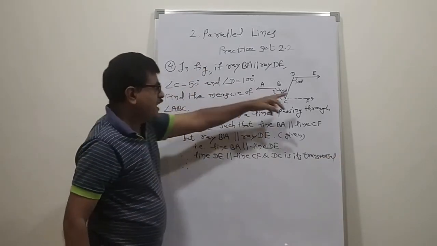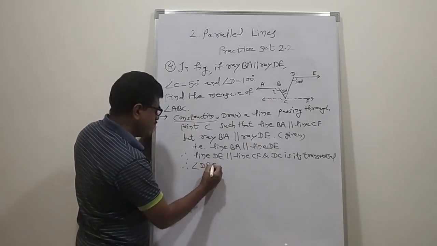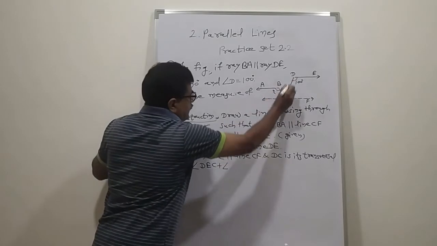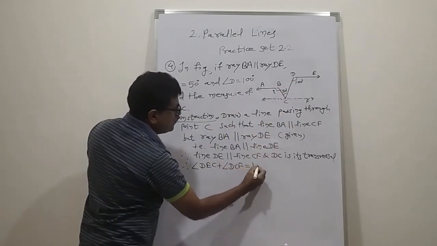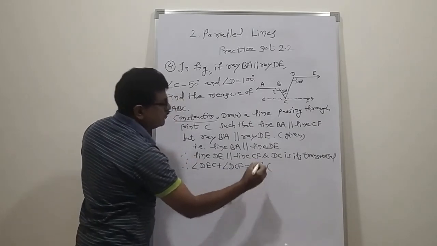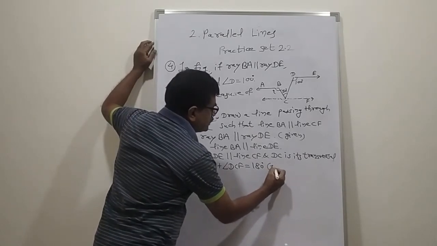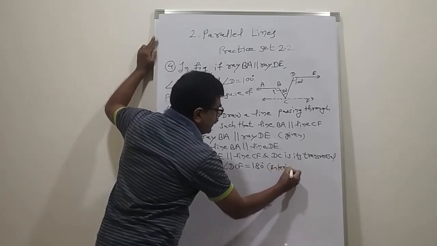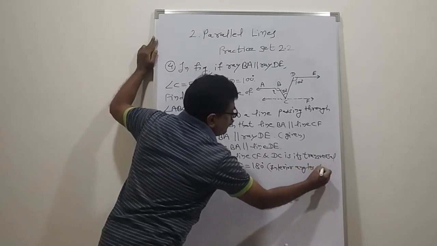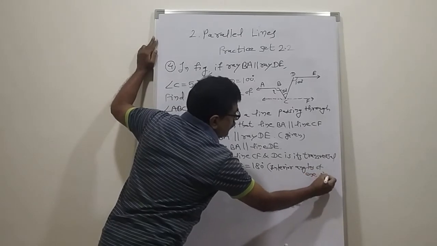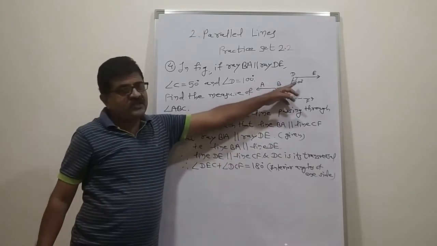Therefore, angle DEC plus angle DCF is equal to 180 degrees. What is the reason? Interior angles on one side. Now we know the value of angle D is 100.